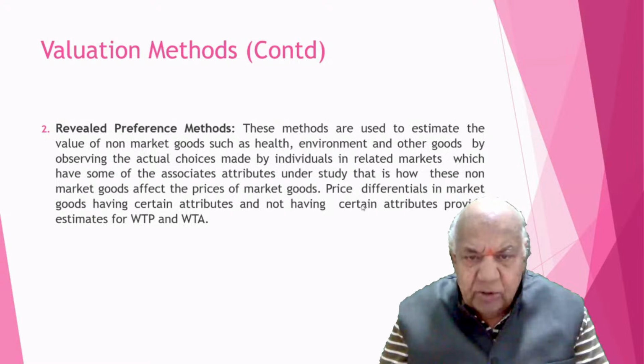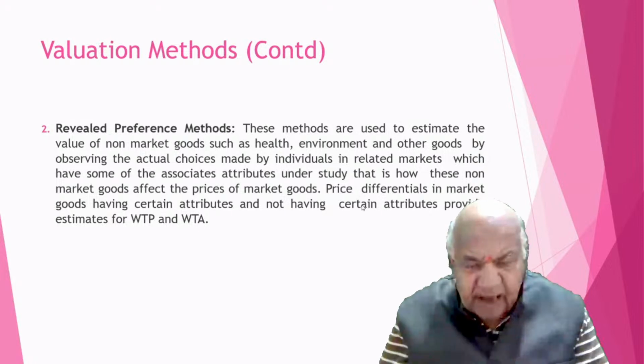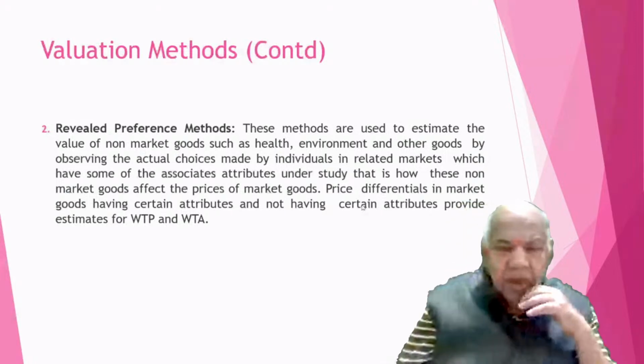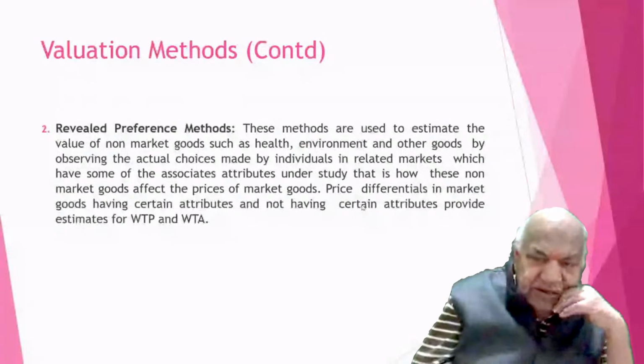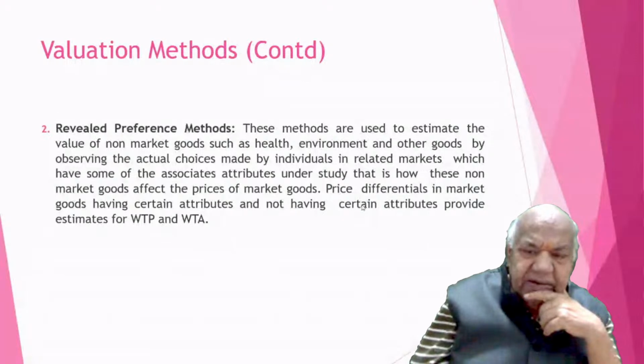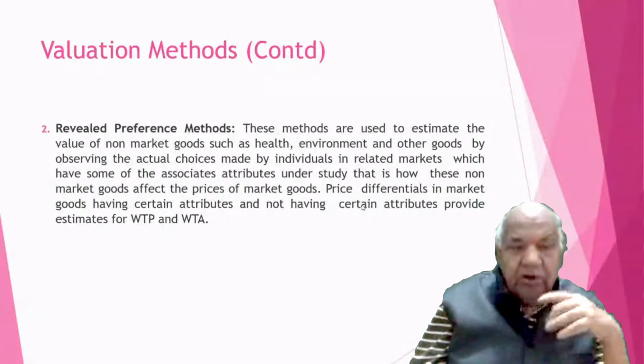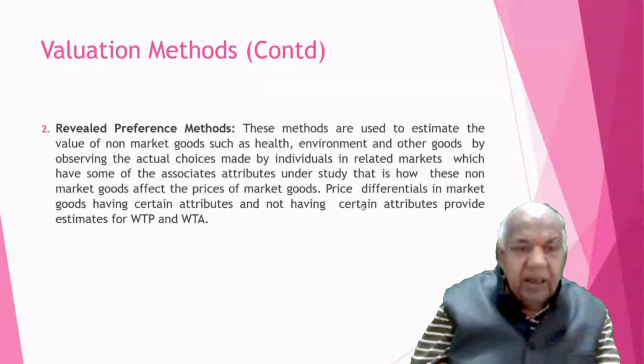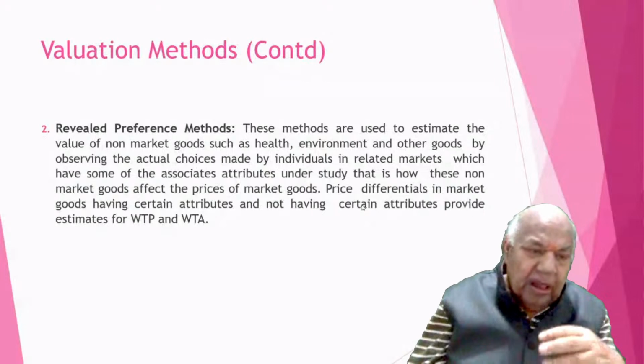That is how these non-market goods affect the prices of market goods. Price differentiation in market goods having certain attributes or not having certain attributes provides estimates for willingness to pay and willingness to accept.